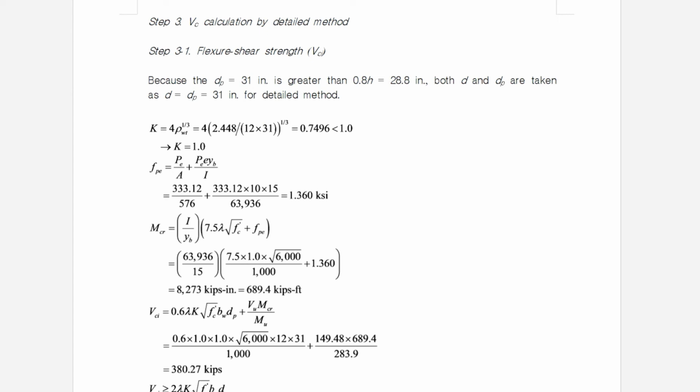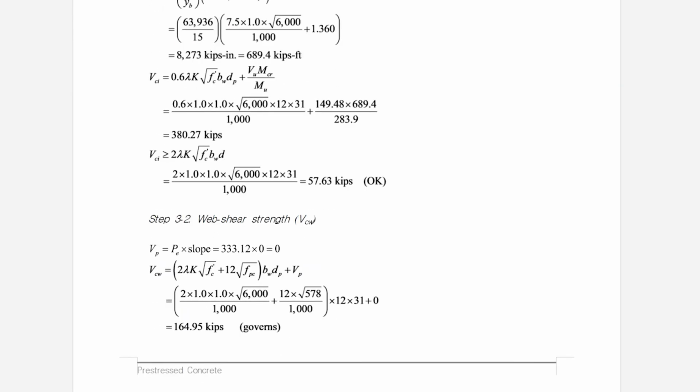Cracking moment is calculated, also very straightforward. So Vci at 1.75 feet from the end, nothing difficult, is 380.27. Lower bound is 57.